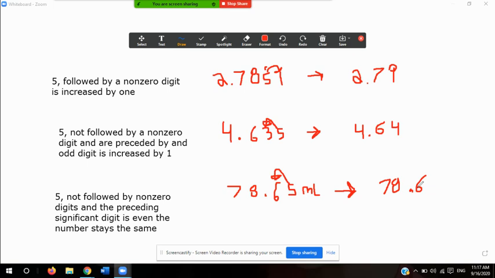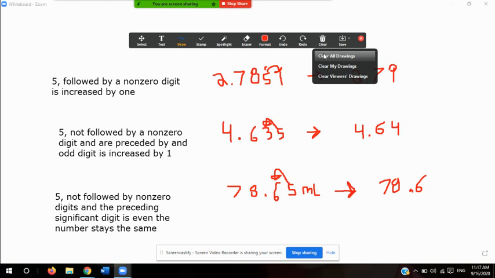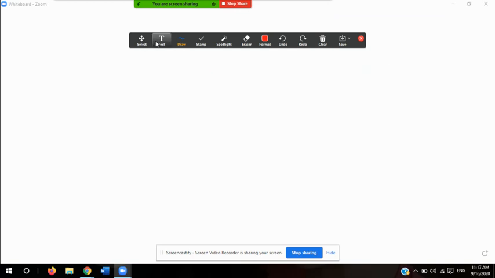Now, there is a rule for adding and subtracting significant digits, and I'm going to type that rule up. I'm actually quoting from your book, and this is on page 47 of your book.